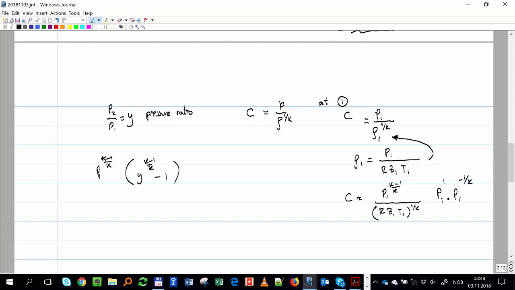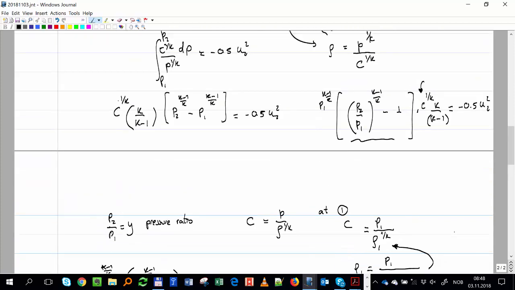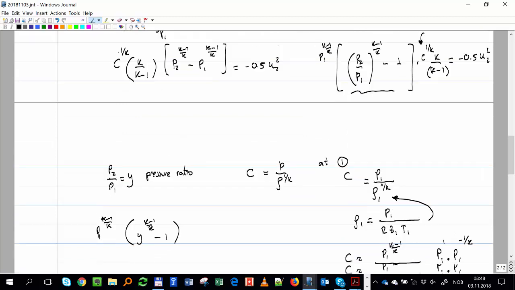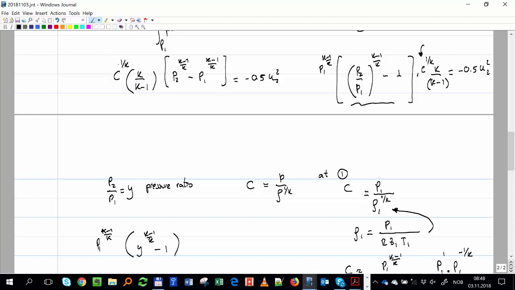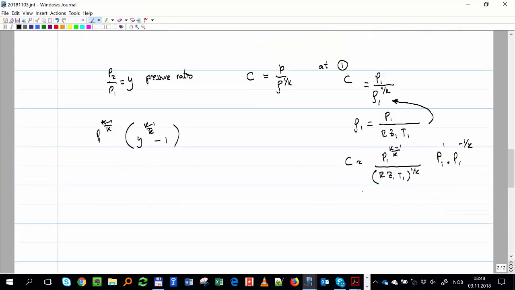And how much is that? Oh, we have to divide by 1 over k. K is not only c, but we have to say c 1 over k. That gives you P1 k minus 1 over k.